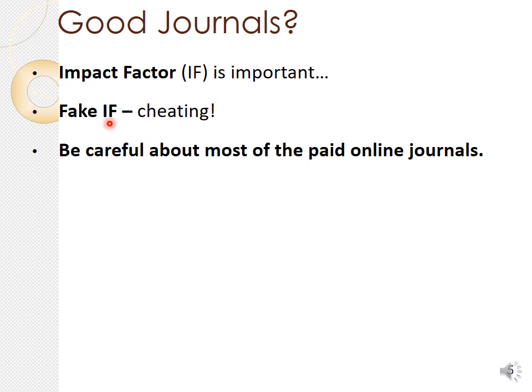If you click the IF, they mention that they have a different kind of indexing pattern, a different way of cheating the community. So be aware of those journals, because if you publish in those and put it in your CV, and someone understands that you are publishing in a fake one, then your identity will be questionable. It happened in the past in many cases, in my case as well, but be careful not to do this.